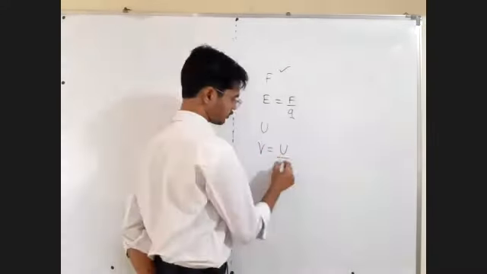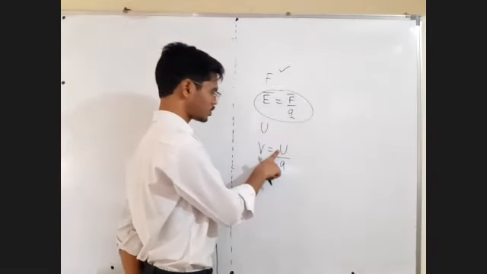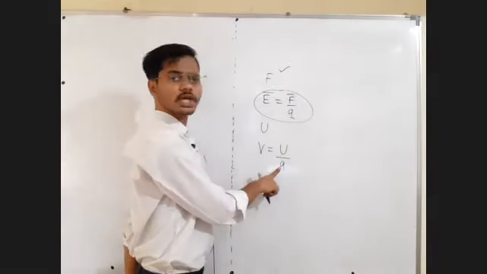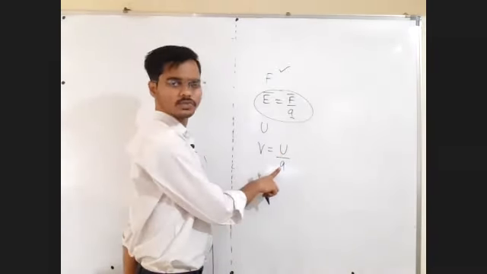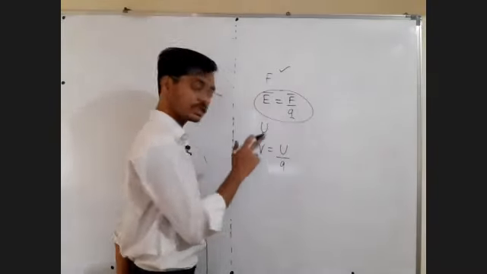Electric field is a vector quantity. Potential energy is a scalar value. It can be positive, negative, zero, but it is a scalar value. It has no sense of direction. Charge can be positive, negative, zero, but still it has no sense of direction. Plus 3 coulomb in rightward direction has no meaning. Potential energy is a scalar, charge is a scalar, potential is a scalar.